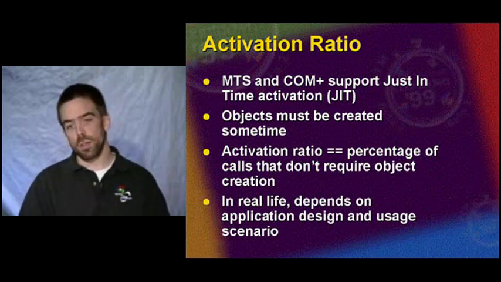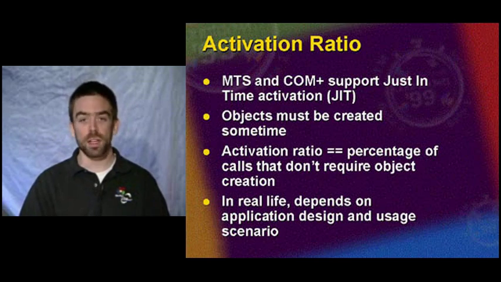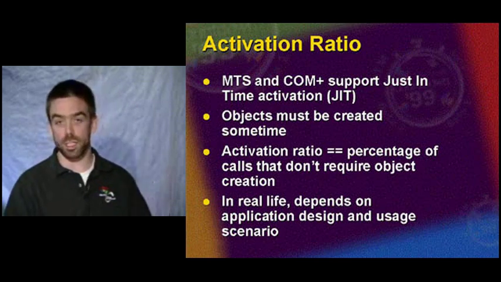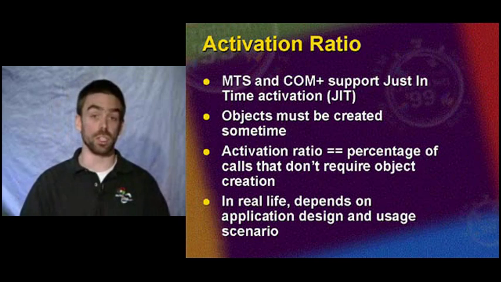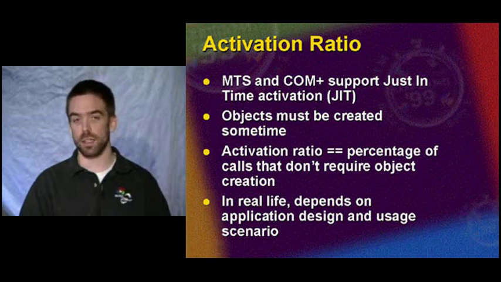If a user is likely to open and close the application many times throughout the day and only do 1 or 2 transactions while that application is open, you're very likely to have a very low activation ratio, even though you're using JIT. However, if you have an application where everybody opens it up in the morning and keeps it active all day long, then you're likely to have a very high activation ratio.